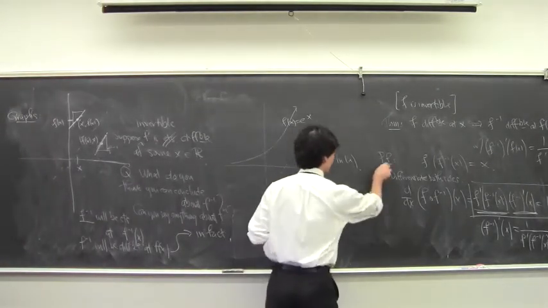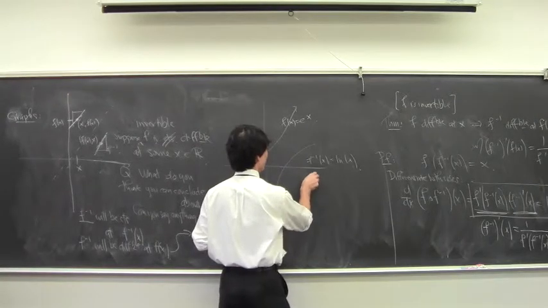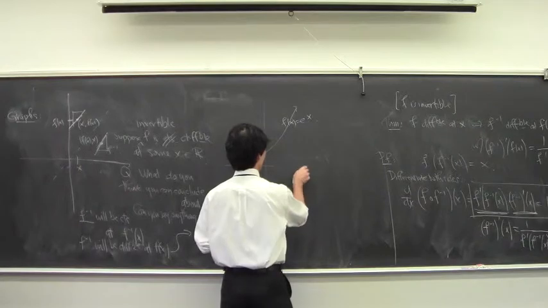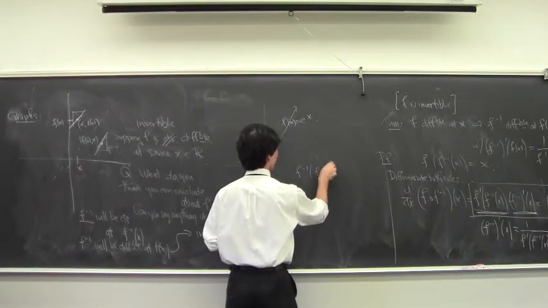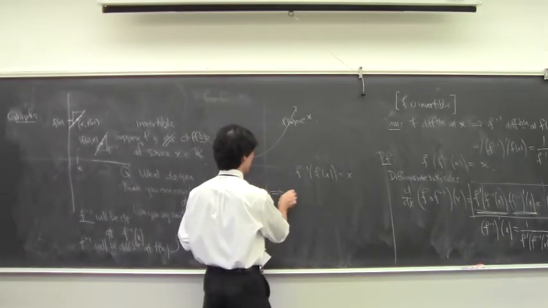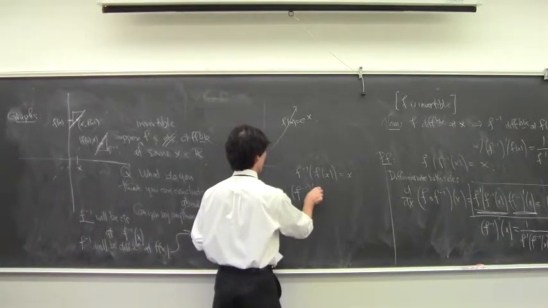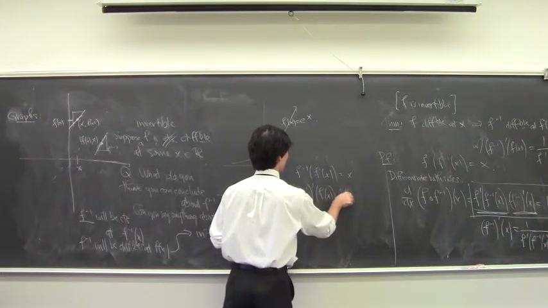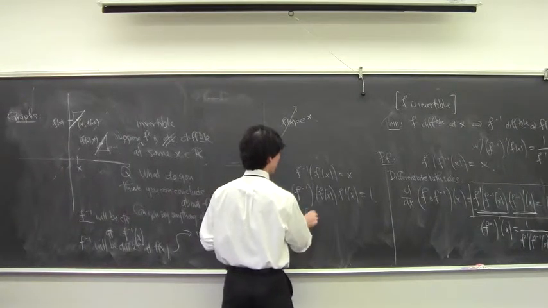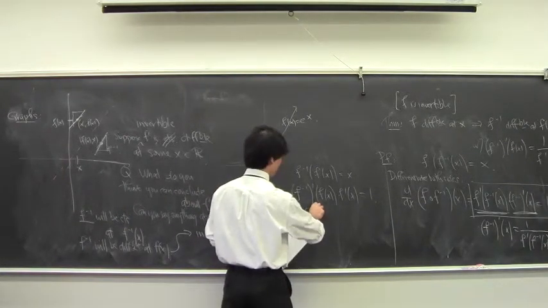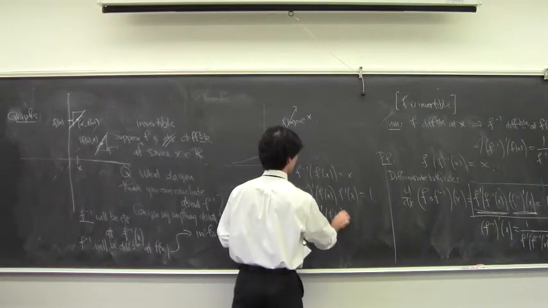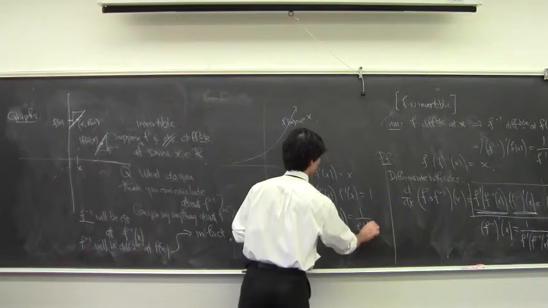But it's okay. You can do it in the opposite order too. So you say f inverse of f of x equals x, and you differentiate both sides. So you get f inverse prime of f of x times f prime x equals 1. And so f inverse prime of f of x equals 1 over f prime x.